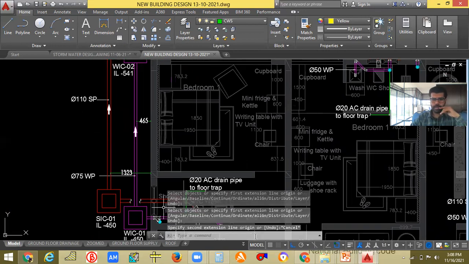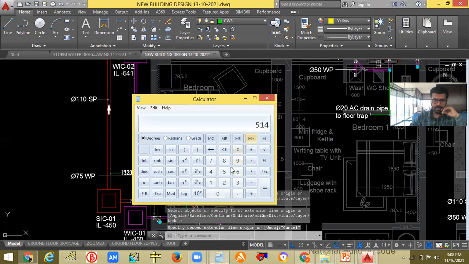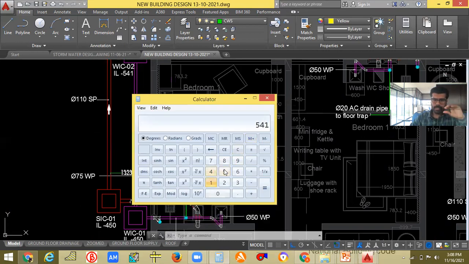This 5415 is in mm, the distance between the two manholes or two inspection chambers.